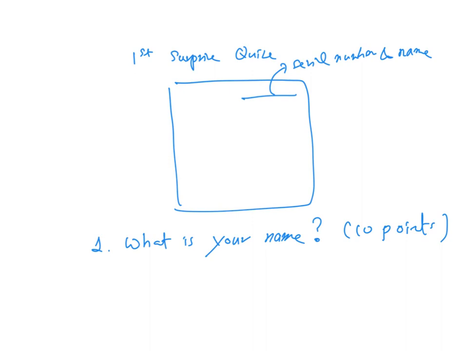So the surprise quiz is actually the substitute for 출석책. So it's all or nothing. I mean, if you happen to be here, then you will get 10 points. If you're not, then you will get 0. So does anybody need more time? Raise your hand.